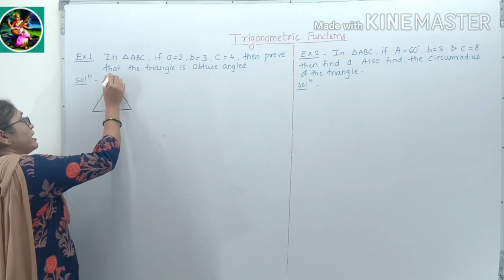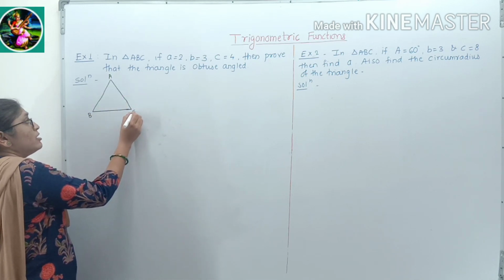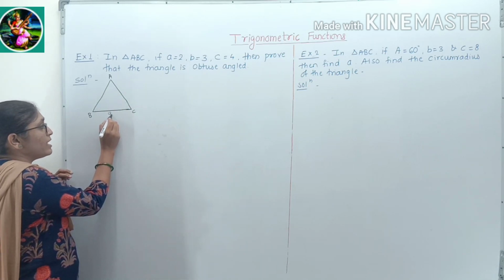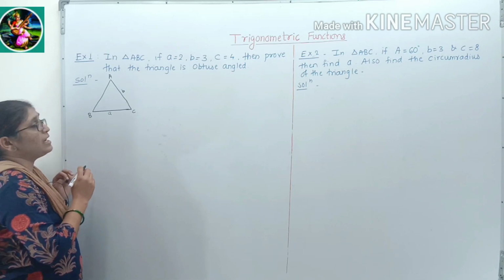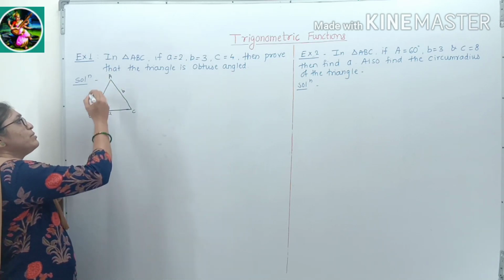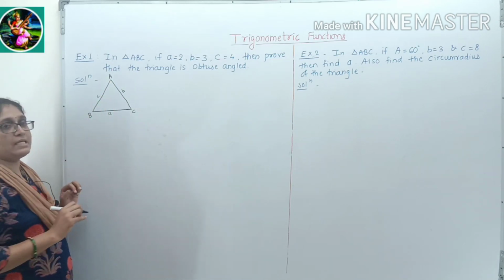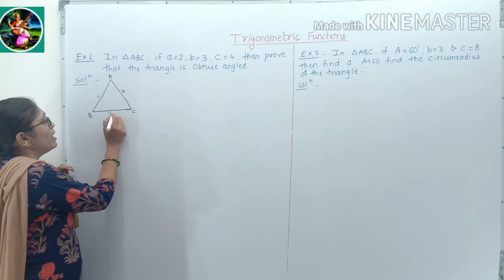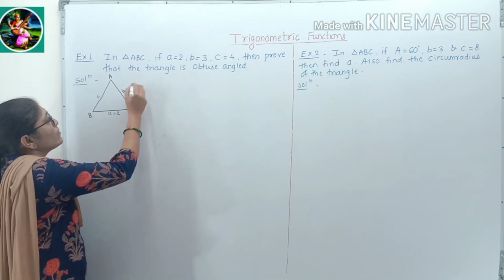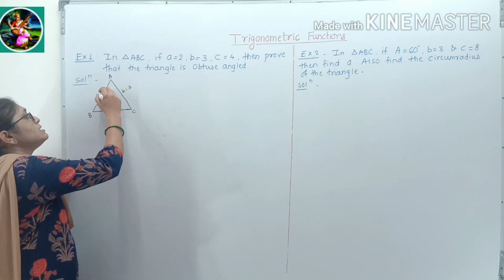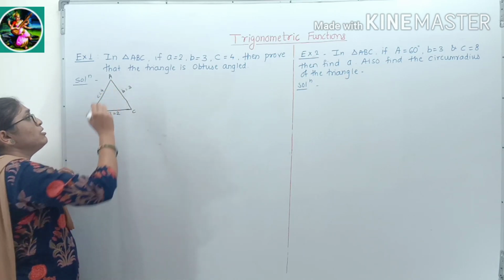This side is a, this is b length, and this side AB has length c. Given a is 2, b is 3, and c is 4.